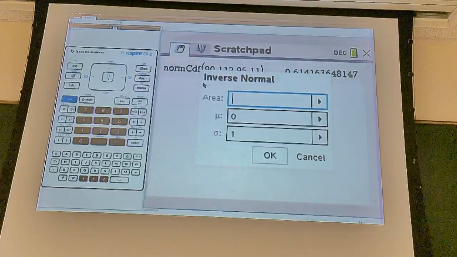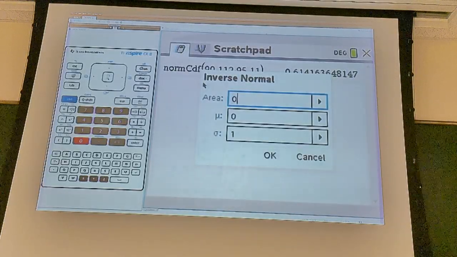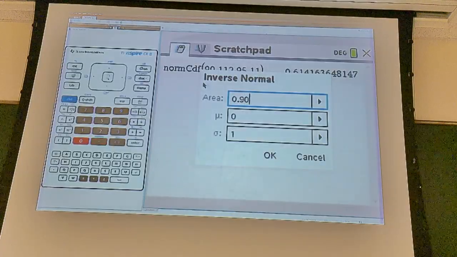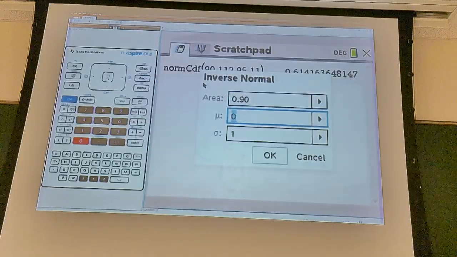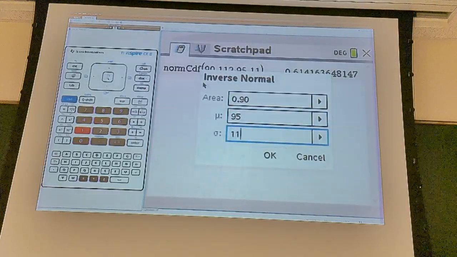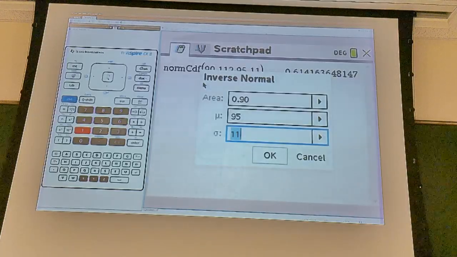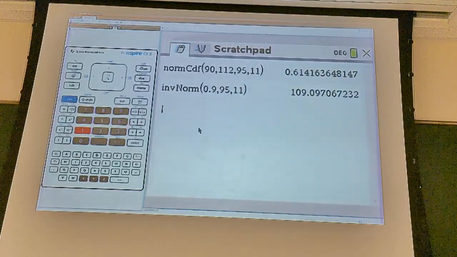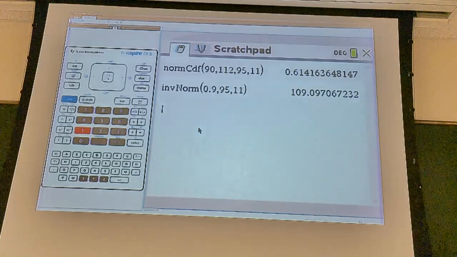For the inverse, you need to enter area to the left, which is the 0.90, 90th percentile. The mean, 95, the standard deviation, 11, enter. 109 point whatever.